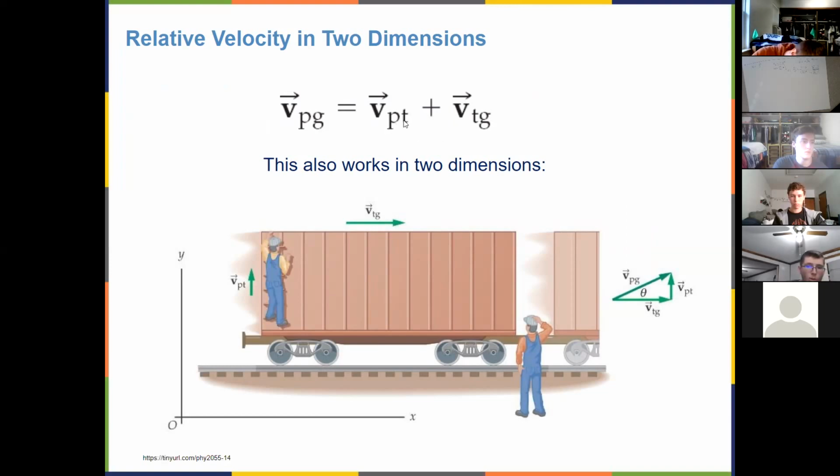As long as the second subscript on the first vector matches the first subscript on the second vector, this subscript will cancel out. So v of person with respect to the ground will be equal to v of person with respect to the train plus v of the train with respect to the ground. So you can use this equation, and this is what you have graphically, describing this vector addition.